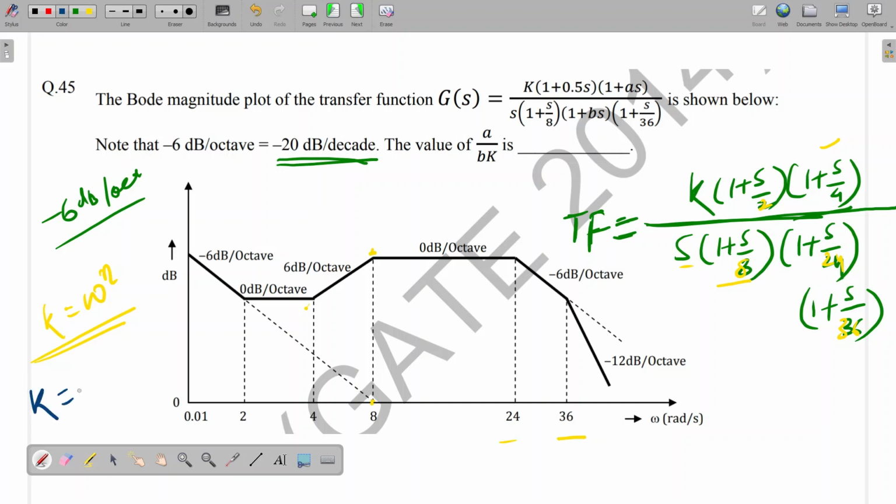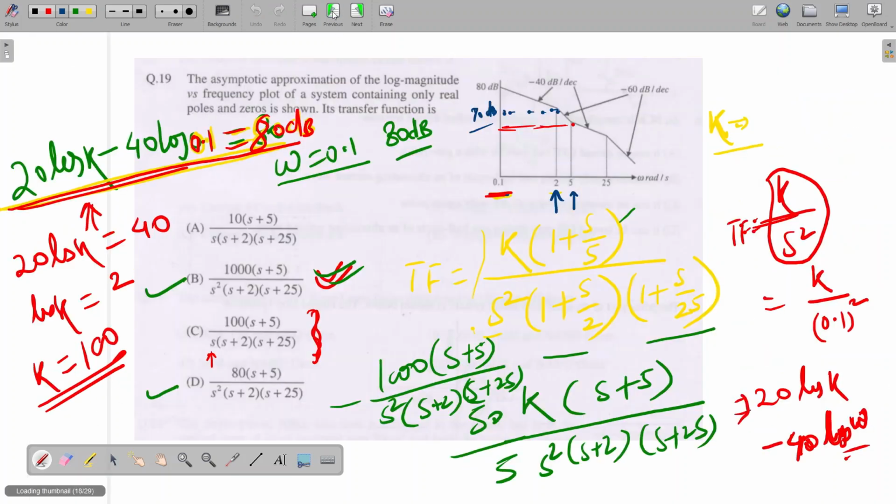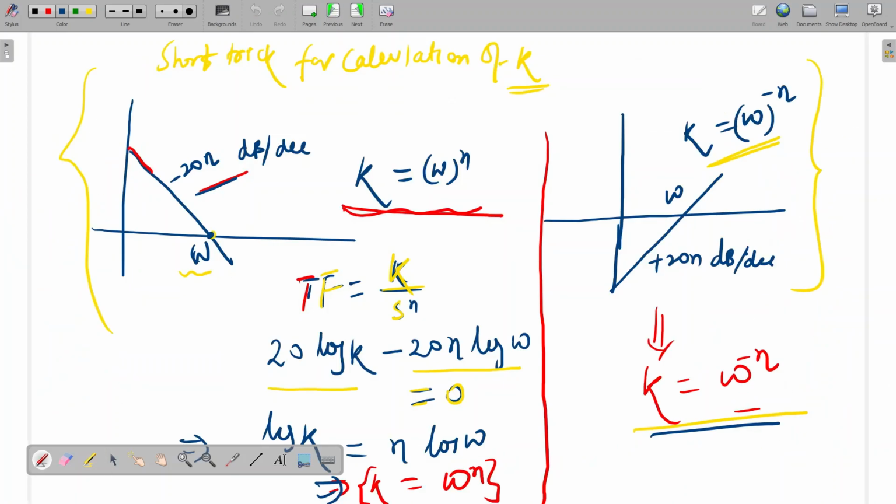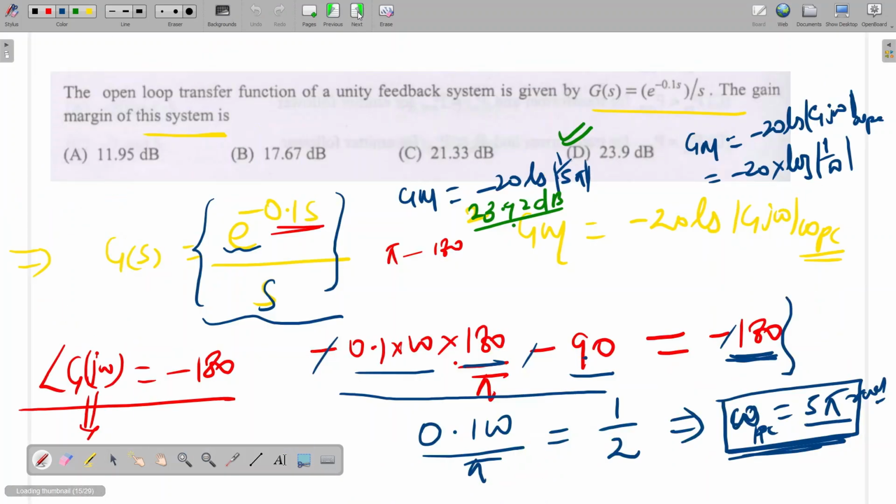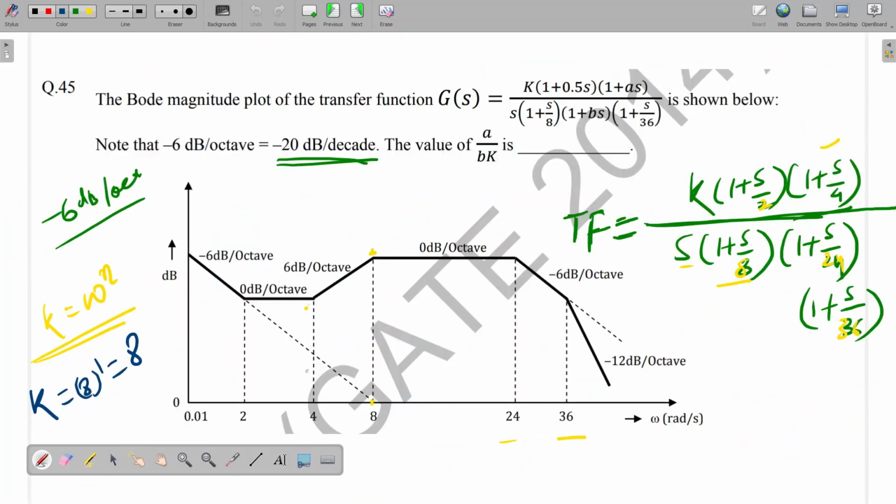K is equal to omega, which is 8, and this is minus 20, so 8 to the power 1. This derivation I have already done. If this kind of starting slope comes, and we know where it will cross, then we can directly find the K value, and K will be equal to omega to the power n. So 8 to the power 1, that will be 8.